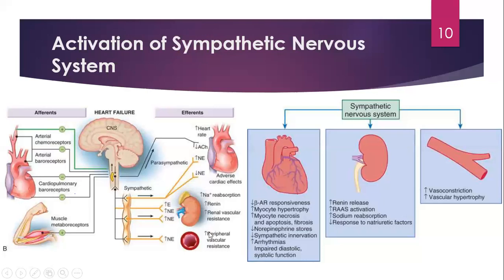Peripherally, through stimulation of alpha-1 receptors in the vascular system, you have increased peripheral resistance as well as an increase in the smooth muscle cells in the media of the vessel. This other schematic just shows the individual effects at various levels in the heart, the kidney and the vasculature, as I've explained. Those are the effects of sympathetic nervous system stimulation.